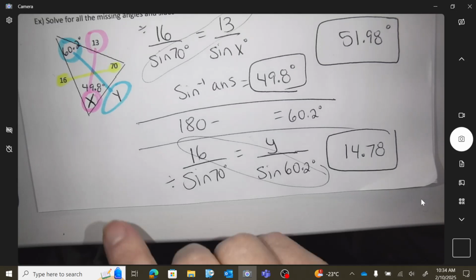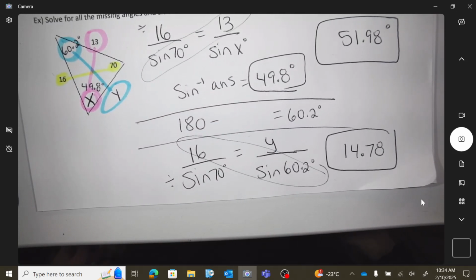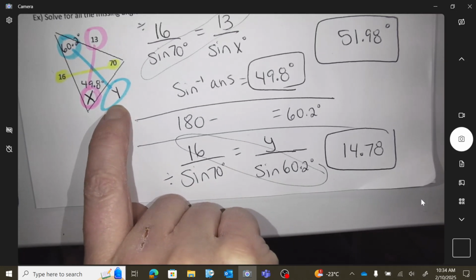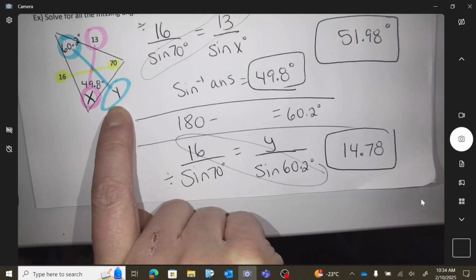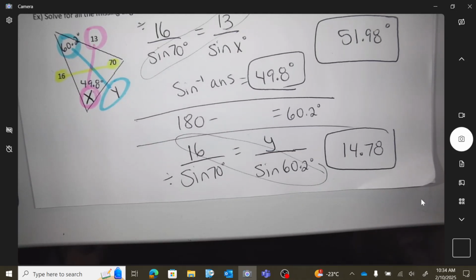I realized I did something wrong because your answers need to make sense, right? If I had an answer that came out to be 150, would that look very awkward to the other sides? Probably, right? Like, kind of understand your triangle. Does it make sense?